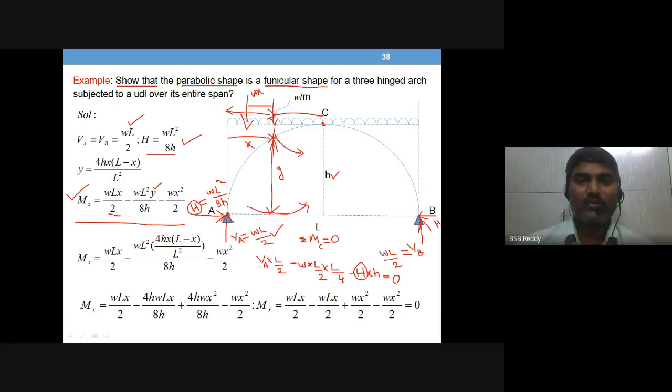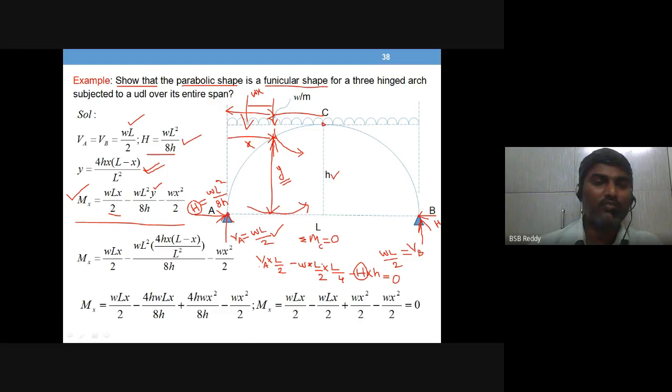Now, what to substitute for? You have the ordinate here that must be substituted in terms of x. From geometry, you are able to write the relation between x and y.